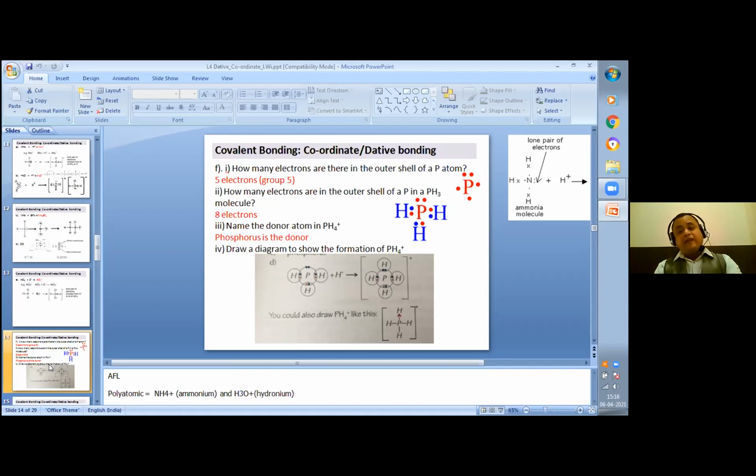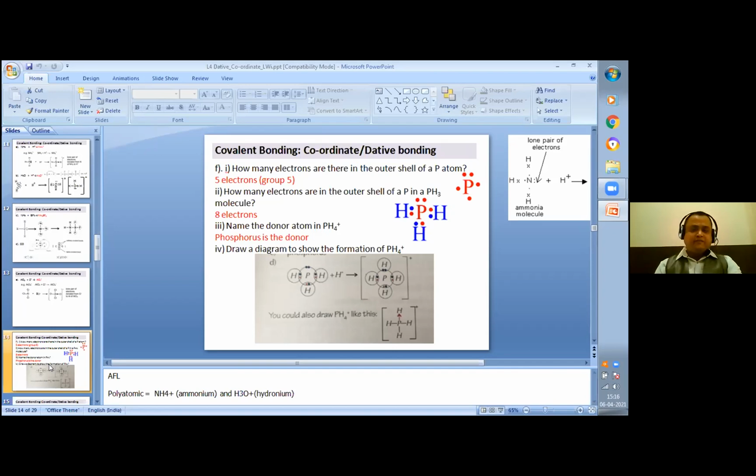Now, PH3 will form the PH4 plus ion, like ammonia also. What will be the result? Very simple. When PH3 combines with the H plus ion, P has a lone pair on it. P will donate a pair of electrons towards the hydrogen ion, and they will form a coordinate bond.